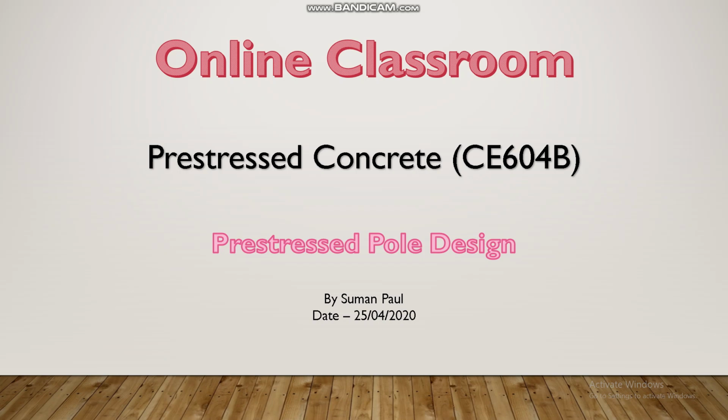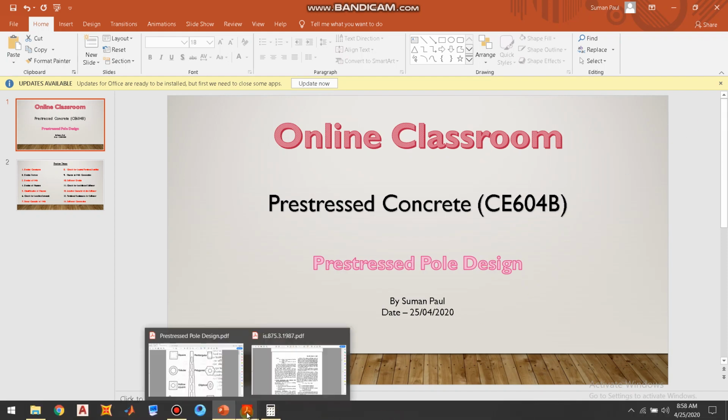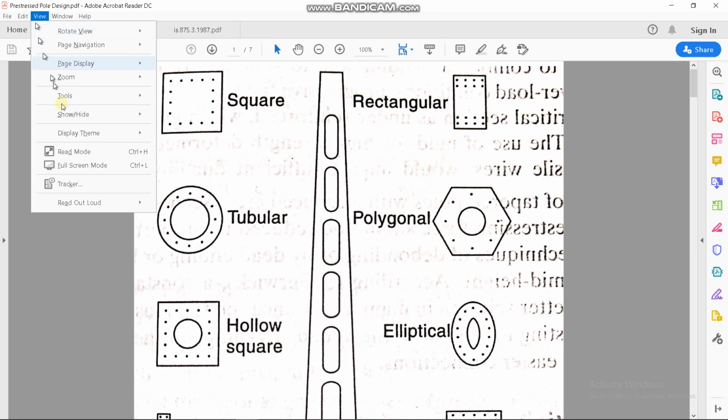First, before we go into this, we need to visualize how these prestressed poles actually look. It is mostly no different than the regular poles that you see in your daily life.